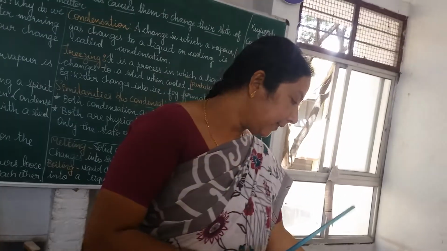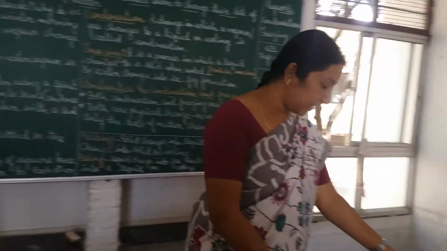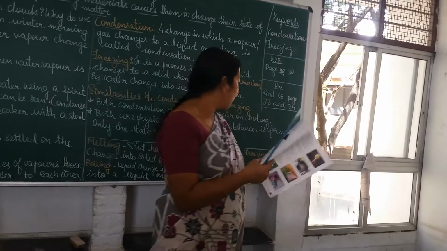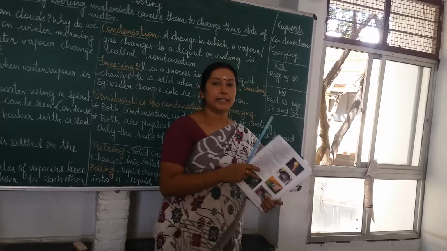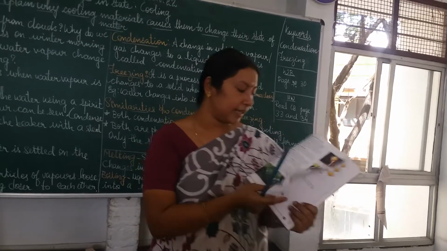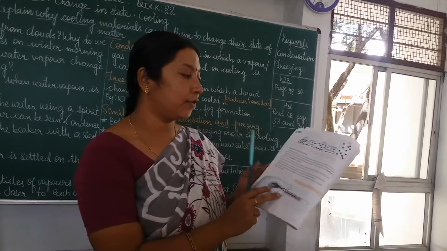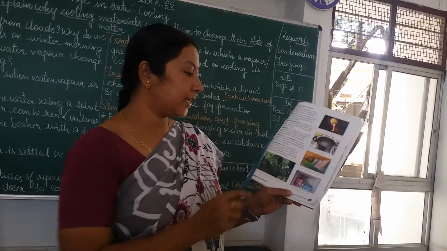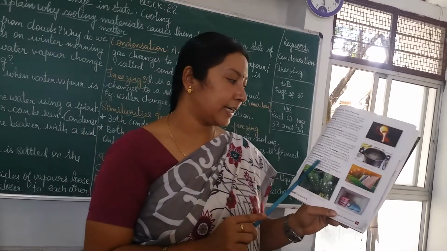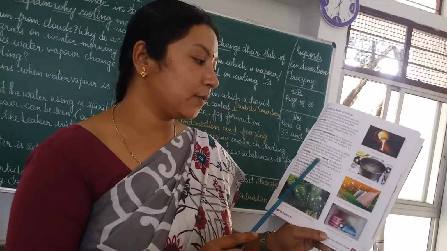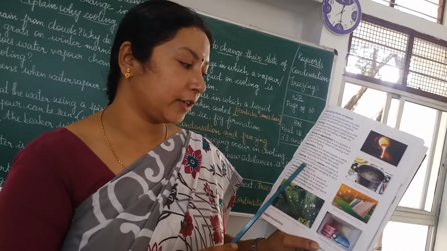Understood? Then for your homework, you have to read your content book, page numbers 33 and 34. You are going to read page number 33 and look at the pictures on page 34. Understood? On page 33, you have freezing and condensation. Freezing is the reverse of melting. It is a process in which a liquid changes to a solid when cooled.